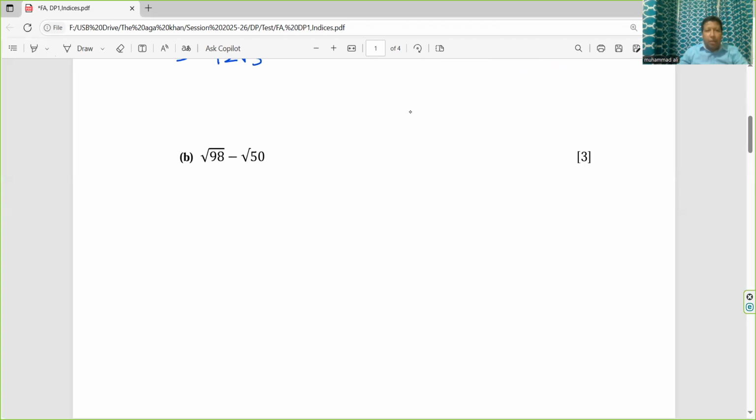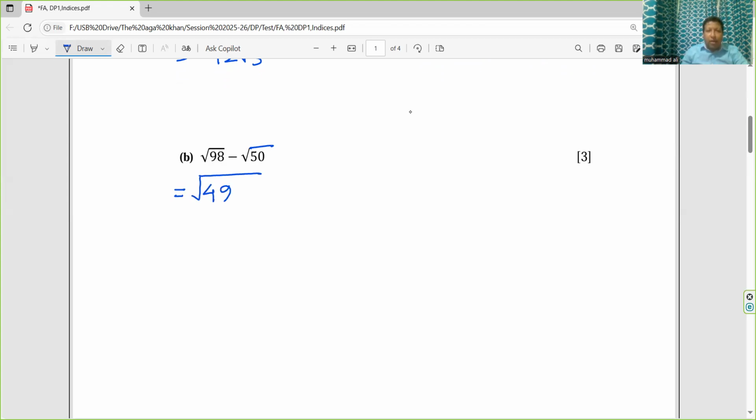Number B, simplify root over 98 minus root over 50. Root over 98, if we split this, we try to take one square number, 49, multiply 2 is 98, minus root over 25 multiply 2 is 50.